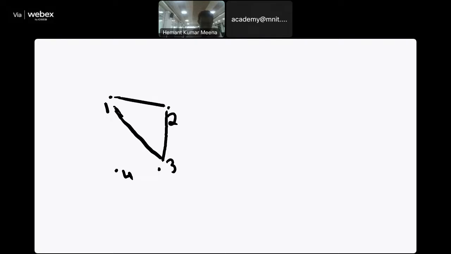Again, we want to make the weight matrix. But here what is also mentioned is that this weight is 1, this weight is 2, this weight is 4. So can you write the matrix, the weight matrix?